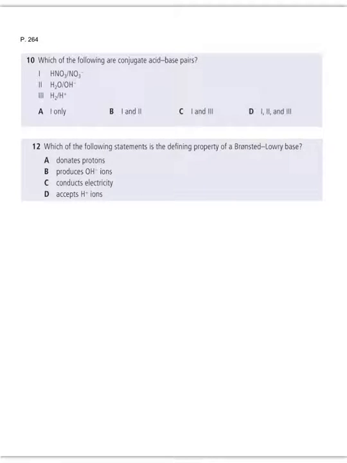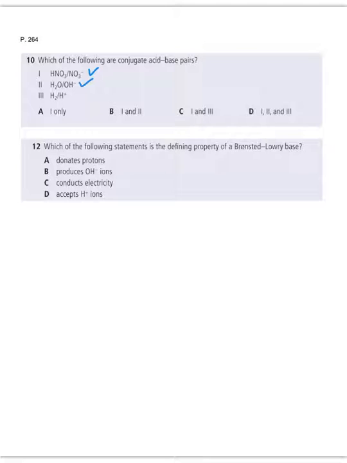And then moving on, number 10 says, which of the following are conjugate acid-base pairs? So it says HNO3, NO3 minus. That seems like it's a conjugate acid-base pair. 2 says H2O and OH minus. That also is a conjugate acid-base pair.